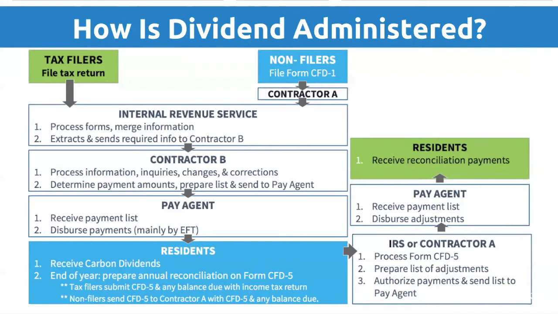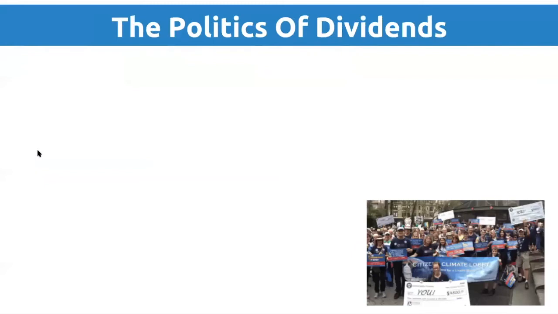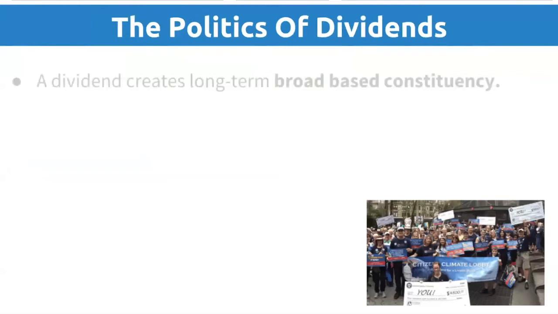The politics of dividends and the whole revenue neutrality issue can be complex. Long-term sustainability of any climate policy is critical. The dividend creates a long-term broad-based constituency for maintaining the carbon fee and dividend policy.